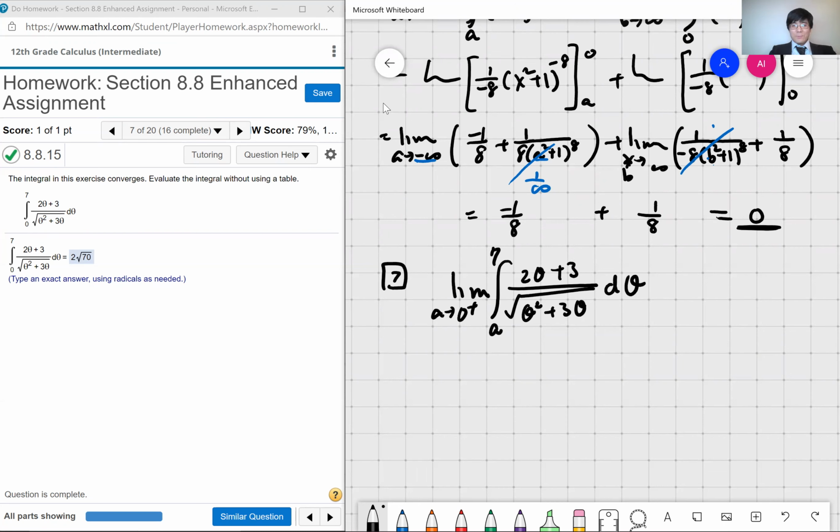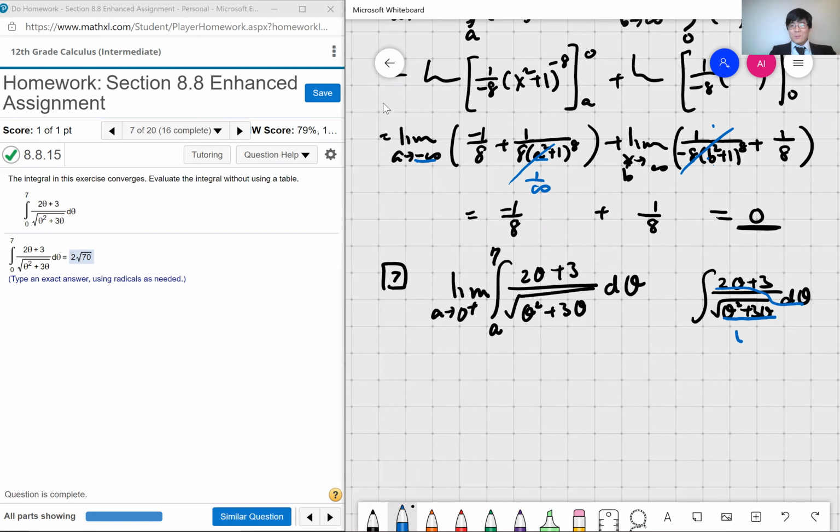Okay, so let's just do the indefinite integral first to see what this becomes. If you are not seeing it clearly, you see that the derivative of the inside is here.